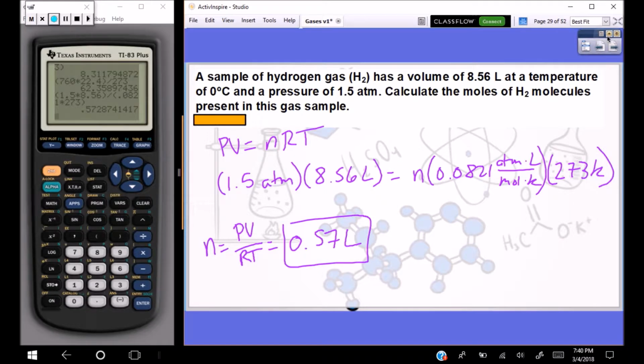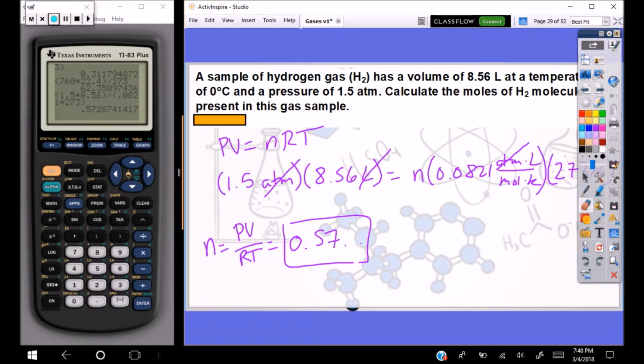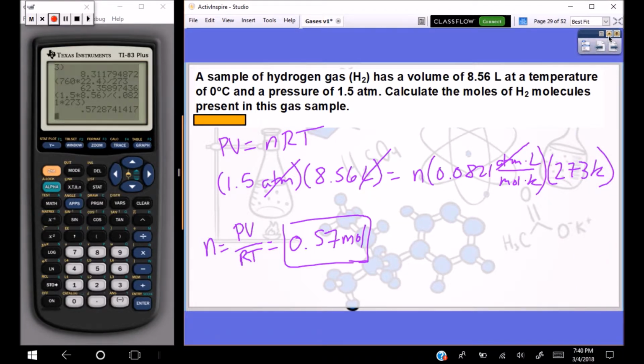I know my unit is in liters because atmospheres cancel. Liters also cancels here. Oh, I'm sorry. I put the wrong unit on this. I'm glad I'm checking. I was solving for moles. This is moles. 0.57 moles. Right? Liters cancel, Kelvin cancels, and I'm left with moles, so my answer should be in moles. See? Always check your units, so that way you can get the right answer.